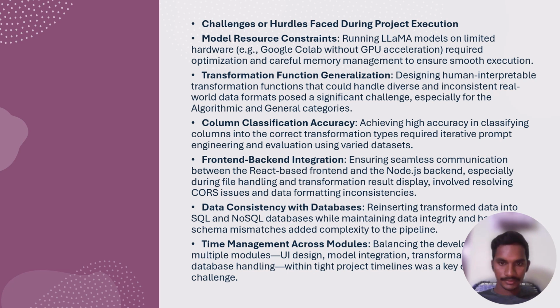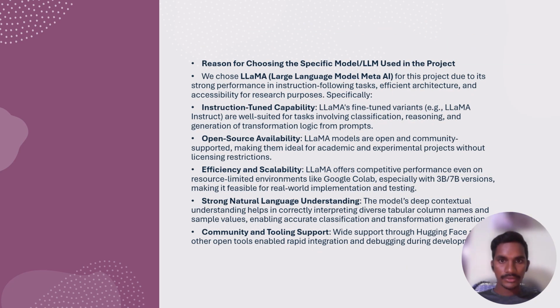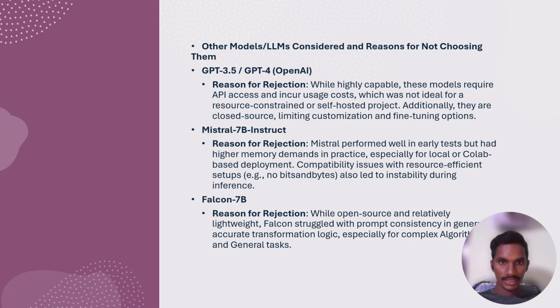Reasons for choosing the specific model or LLM used in this project. We chose the Llama large language model for this project because it is highly performing when compared to all other models in that range, with instruction tuned capability, and it is open source, efficient and scalable, with strong natural language understanding, and community and tooling support. And next, why did we not choose other models?